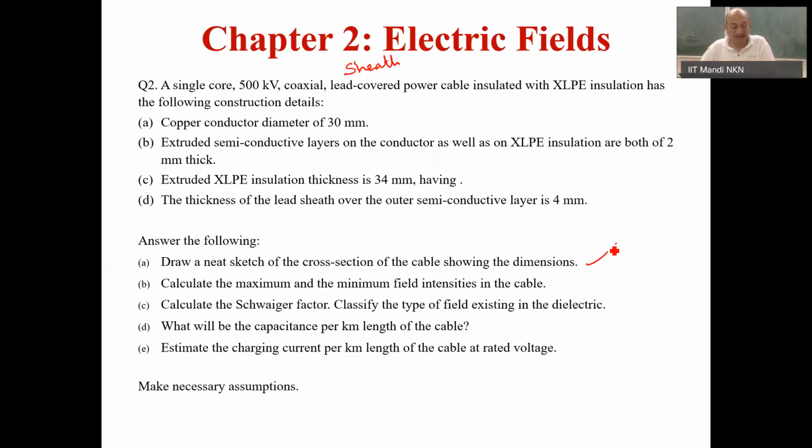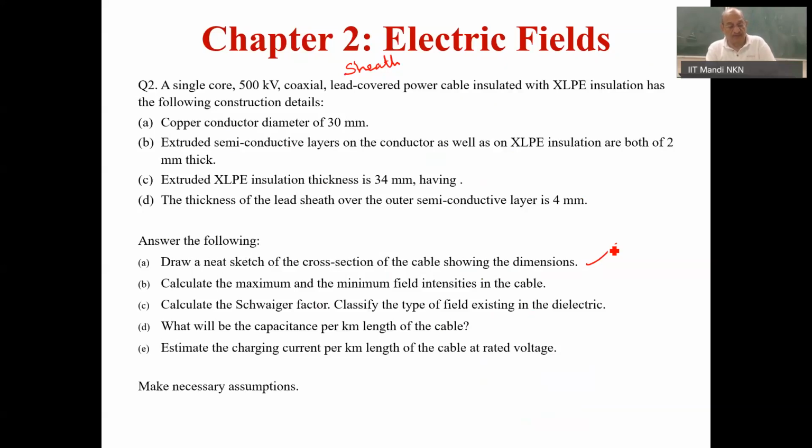Concentric circles you have to draw: the conductor, then over the conductor the semiconductive layer, then over the semiconductive layer the cross-linked polyethylene of 34 millimeter, then over the 34 millimeter again 2 millimeter semiconductive layer, and over the second semiconductive layer of 2 millimeter thickness, you provide a 4 millimeter thickness of lead sheath.